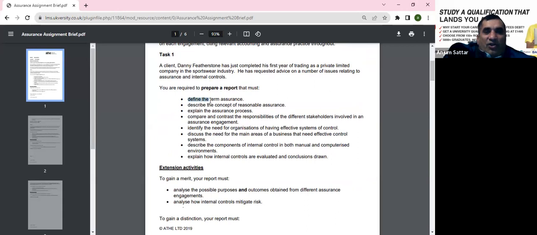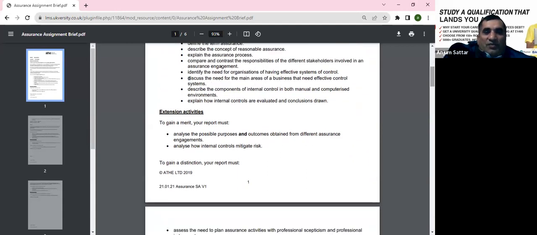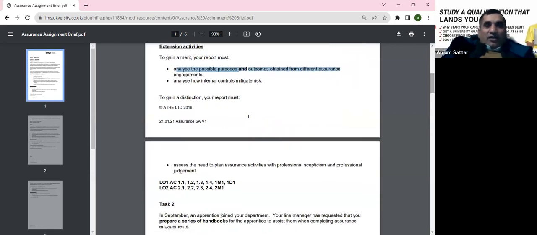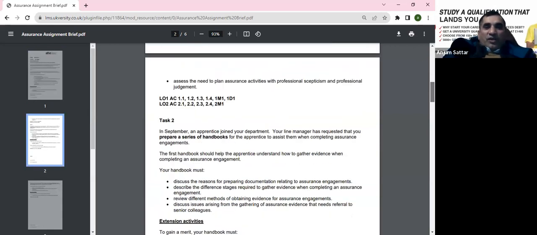Define these terminologies: the term assurance, what is reasonable assurance, what is meant by the assurance process, as we had in our lesson. Compare and contrast the responsibilities of the stakeholders in an engagement, and identify the need. You can write all these as bullet points. If you want to work towards merit, you can analyze the purpose and outcome of obtaining different assurance engagements, collecting different evidence, and internal control, how these mitigate the risk, and the different approaches to minimize the risk.